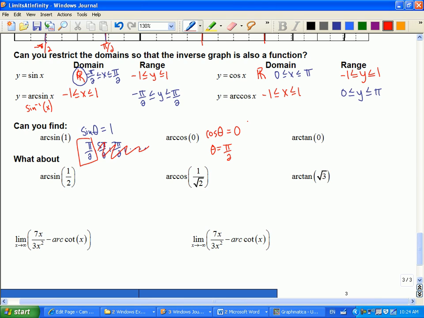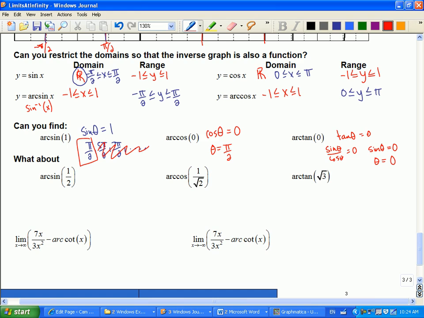Okay, how about if I said arc tangent equals 0? Good, okay, so again, we're looking for where tangent of theta equals 0. That means sine of theta over cosine of theta equals 0. So I'm looking for where sine of theta equals 0. And that's going to happen at 0.